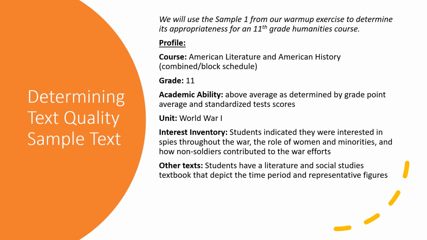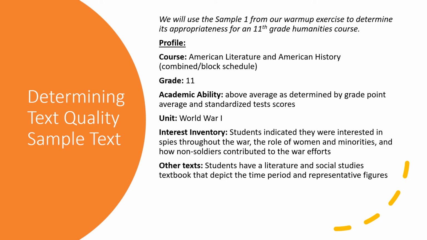and standardized test scores. They're studying a unit on World War I, and the interest inventory indicated that students were interested in spies throughout the war, the role of women and minorities, and how non-soldiers contributed to the war efforts.